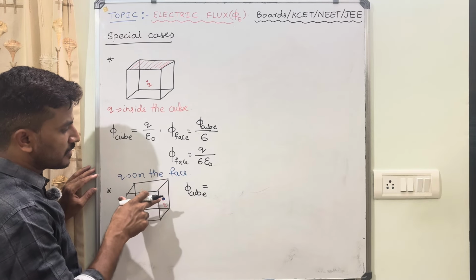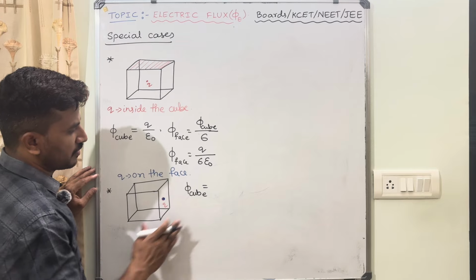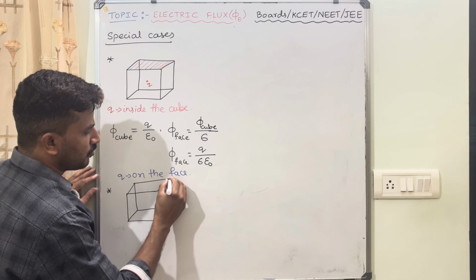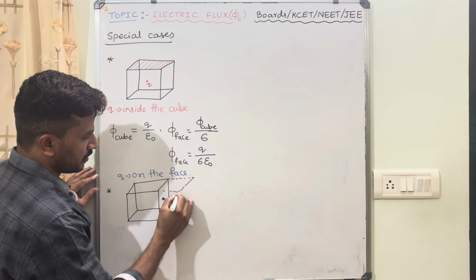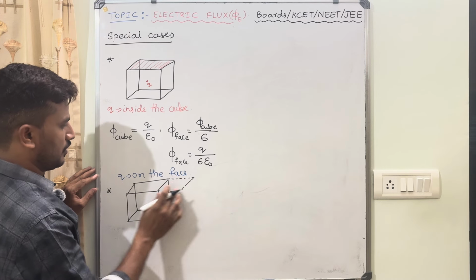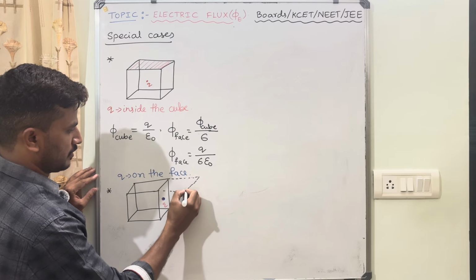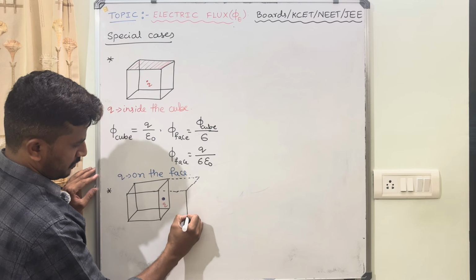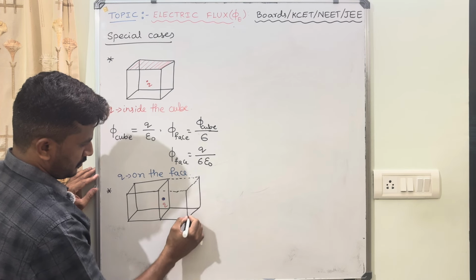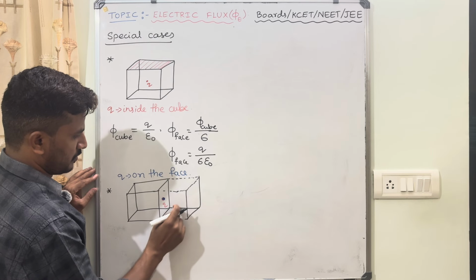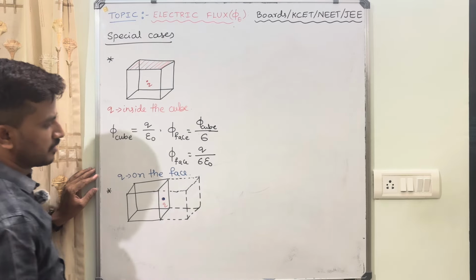Since the charge is placed on the surface, we don't have Gaussian enclosed charge here. So what I will do is consider one more cube on this side, an imaginary cube of equal length. There is a cube here, an imaginary surface.